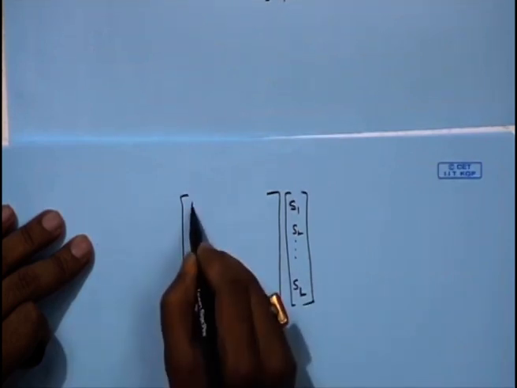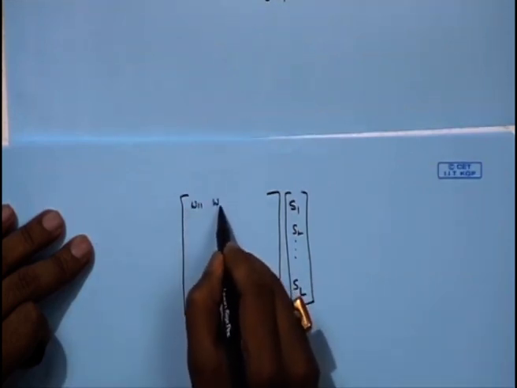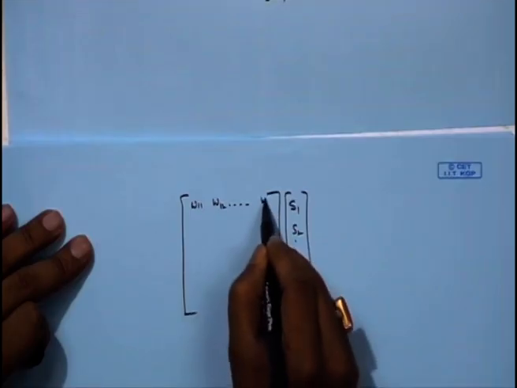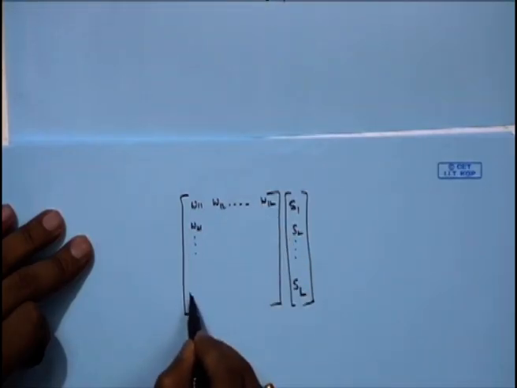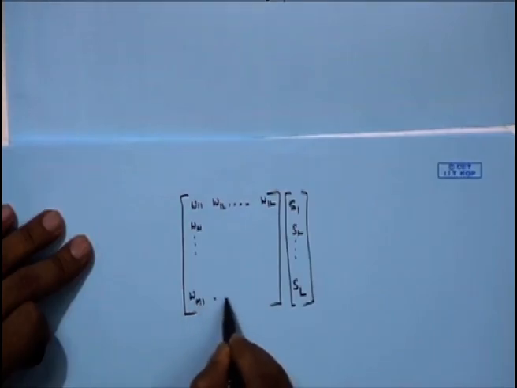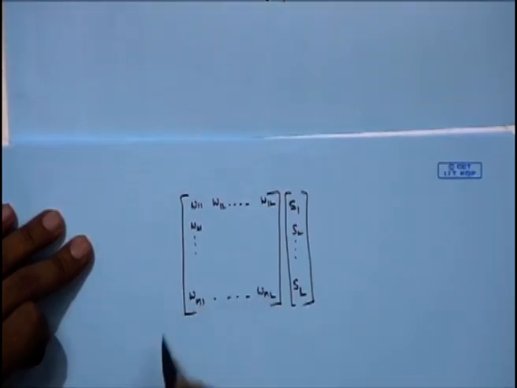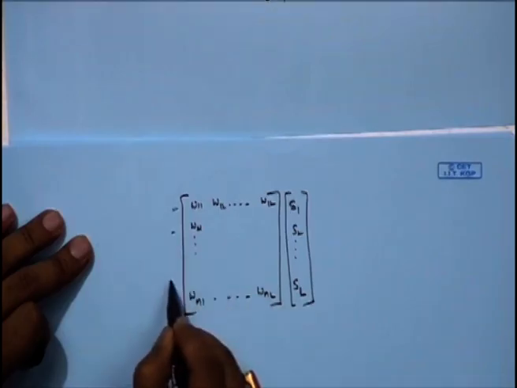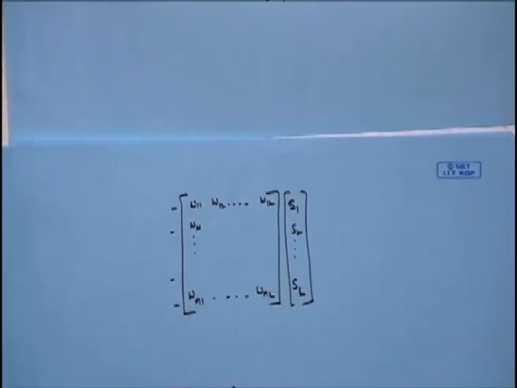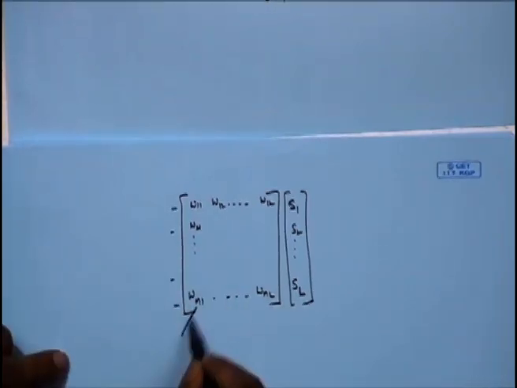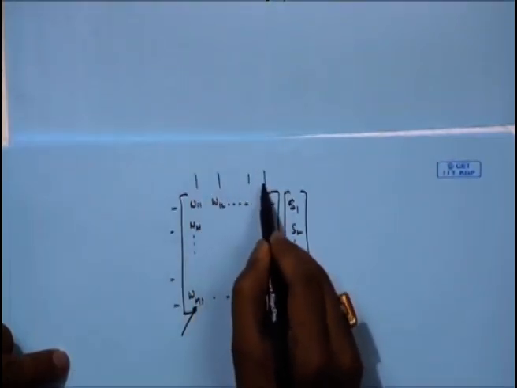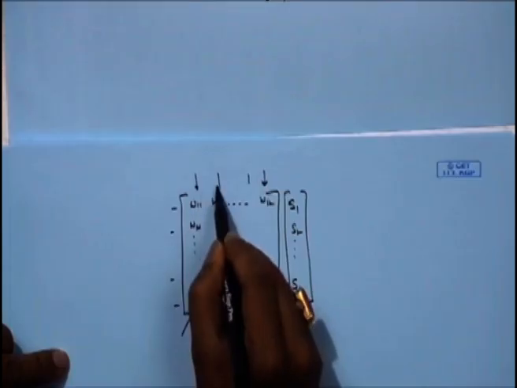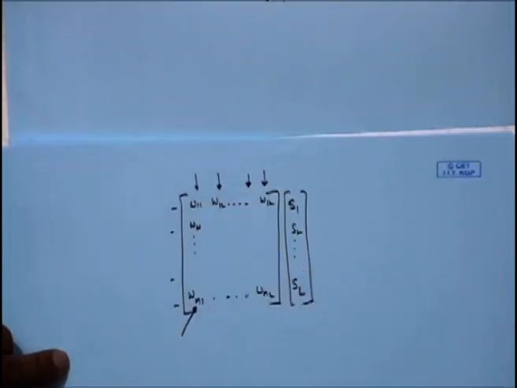So, basically we can have W11, W12 up to W1L, then W21 up to WM1 and WML. The number of rows over here would mean the number of transmit antennas that we have, and the number of columns would indicate the number of spatial streams that we would like to transmit.